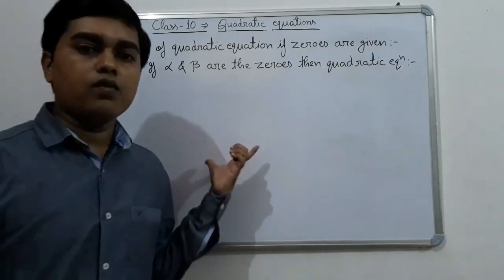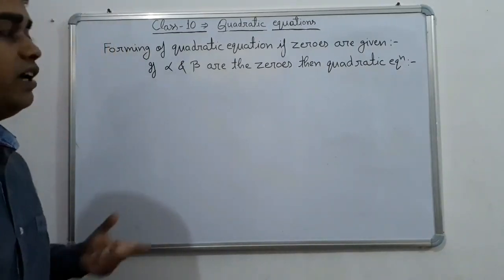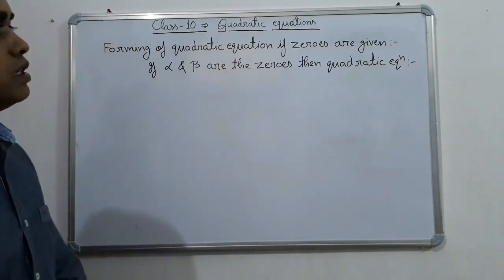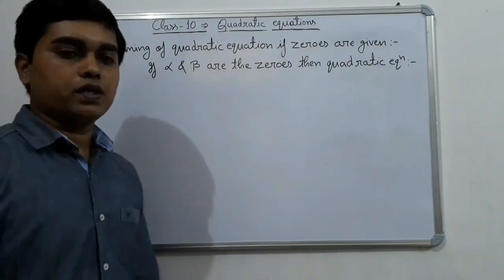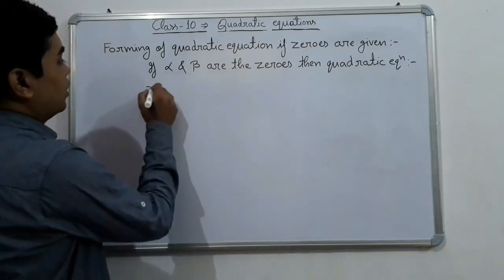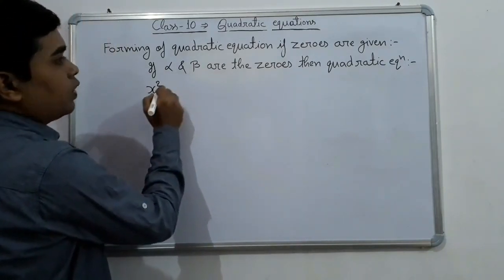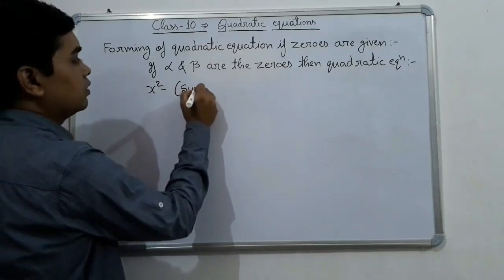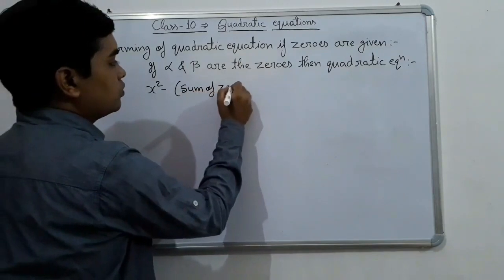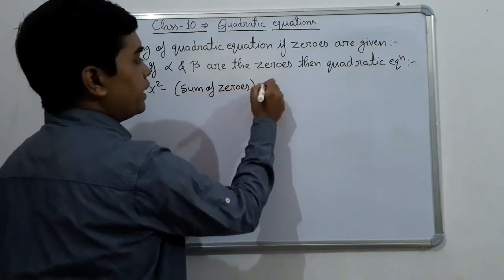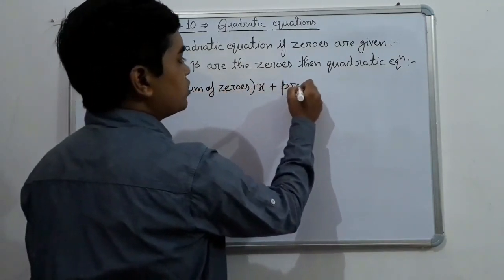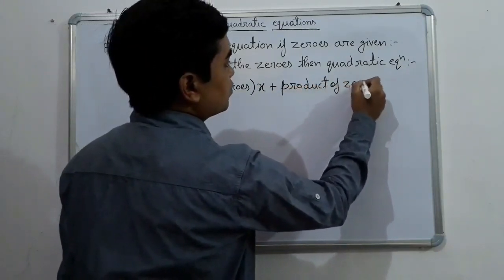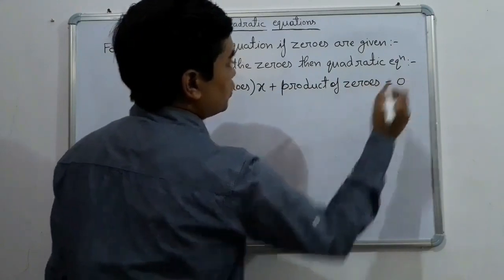Children, now see how we can form a quadratic equation if zeros are given. Suppose alpha and beta are the zeros of the quadratic equation. Then quadratic equation will be x square minus sum of zeros into x plus product of zeros is equal to 0.